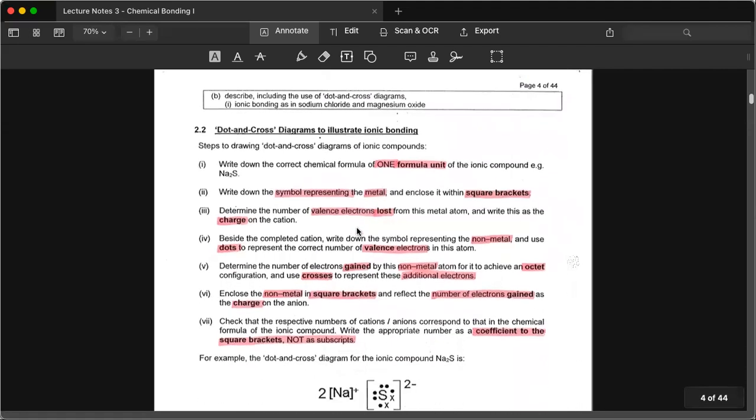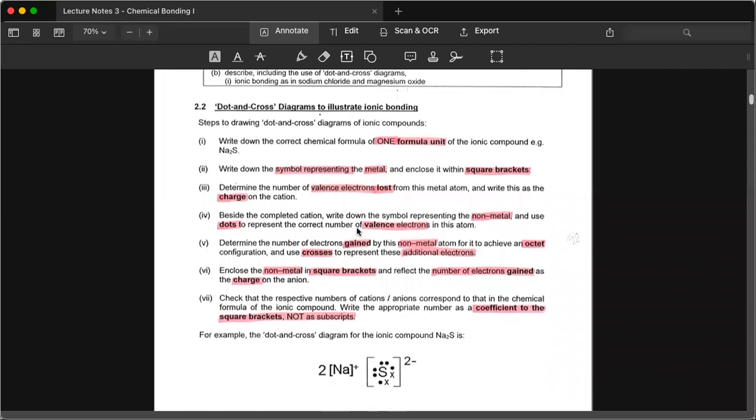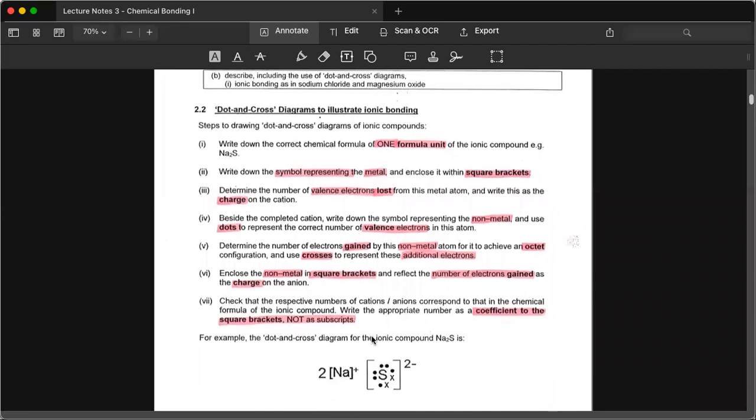Now, these are the steps to draw the dot and cross diagram of ionic compounds. Number 1, write down the correct chemical formula of one formula unit, for example, sodium sulfide. Write down the symbol representing the metal and enclose it within square brackets. Determine the number of valence electrons lost from this metal atom and write the charge on the cation.